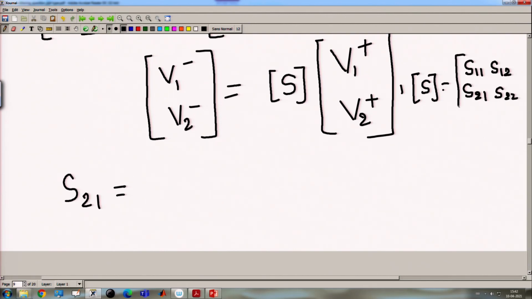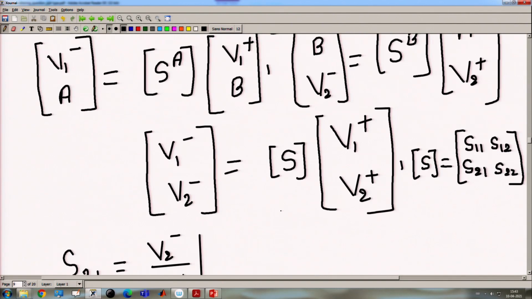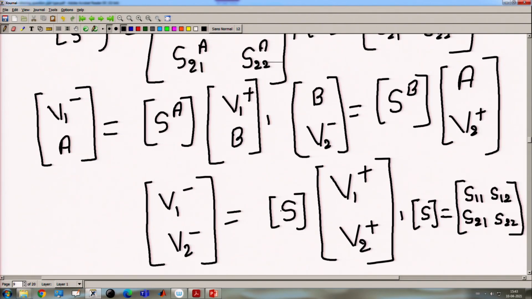So, S21 will be V2 minus divided by V1 plus when V2 plus equals 0. V2 plus equal to 0 means it is terminated with a matched load.